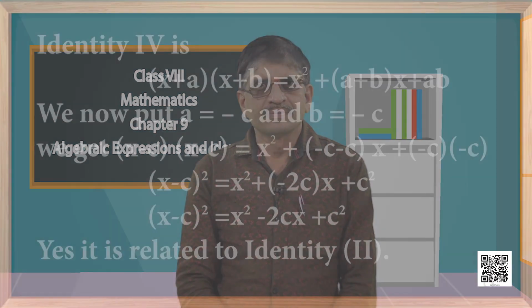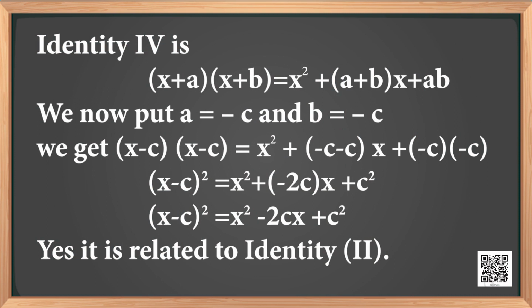Consider the special case of identity 4 with a is equal to minus c and b is equal to minus c. What do you get? Is it related to identity 2? Let us see. Identity 4 is (x plus a) into (x plus b) is equal to x square plus (a plus b) into x plus ab. We now put a is equal to minus c and b is equal to minus c.